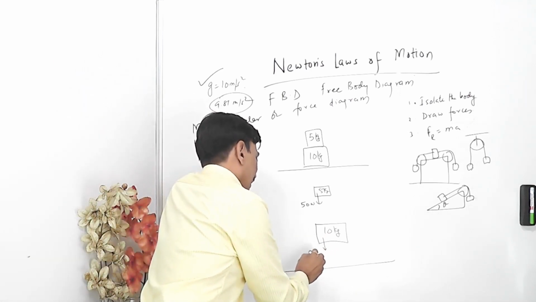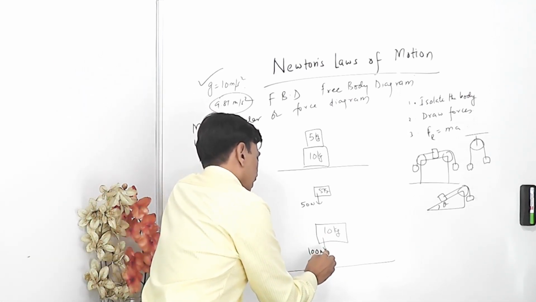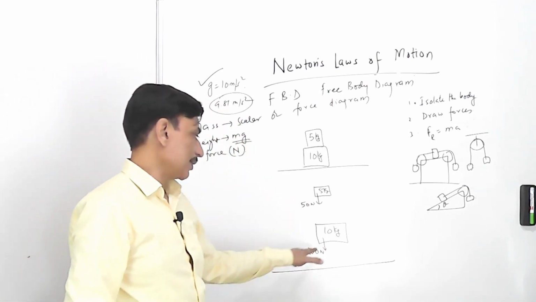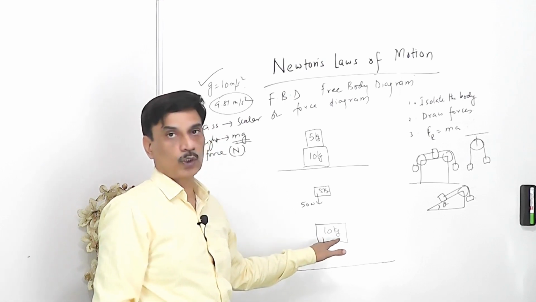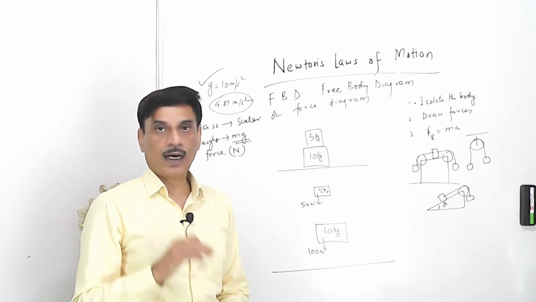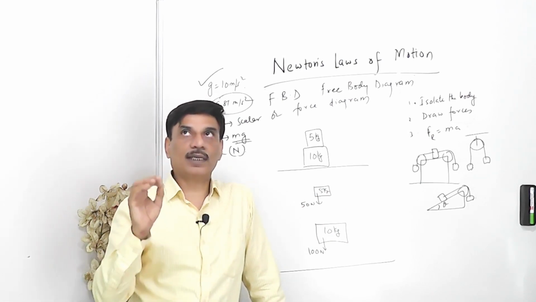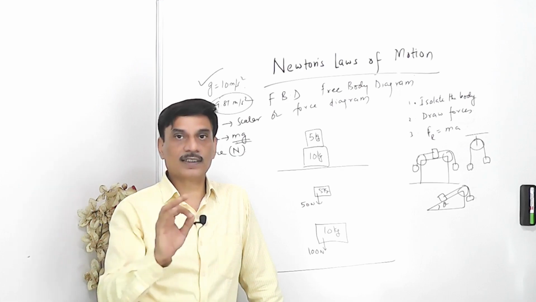Earth is also going to apply 10 into 10, that is 100 Newton mg onto this block. Earth will not say that I am going to apply a force of 150 Newton onto you, I am going to spare you. Earth applies a force equal to weight even on every single air molecule also. It doesn't spare anyone.